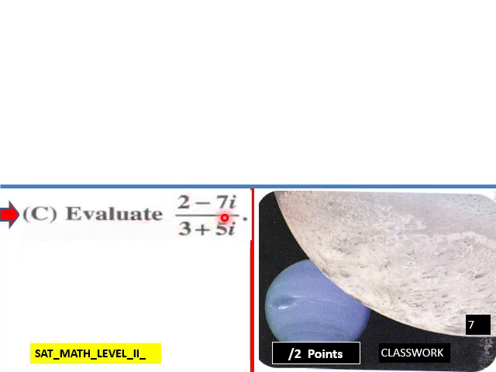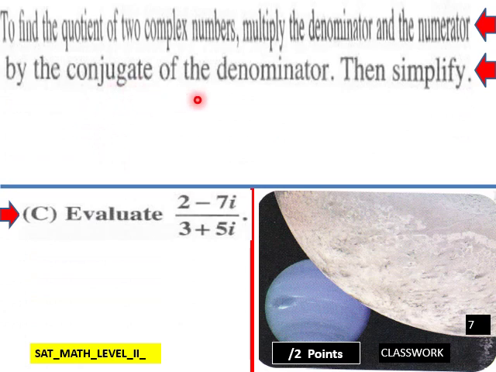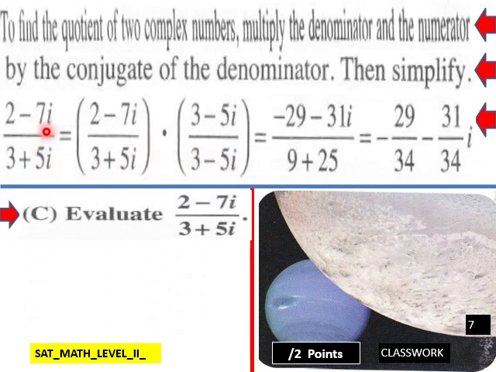So evaluate 2 minus 7i over 3 plus 5i. To find the quotient of two complex numbers, multiply the denominator and the numerator by the conjugate of the denominator. Then simplify. So what's the conjugate of 3 plus 5i? It'll be 3 minus 5i.